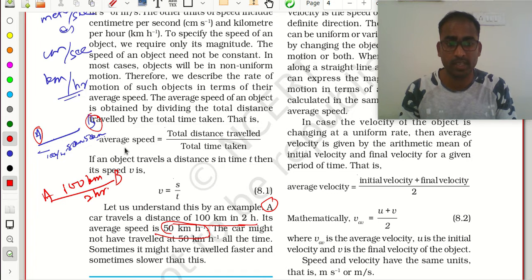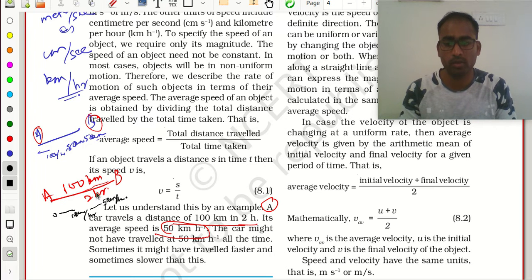But if I say average speed is 50 km per hour, is there any guarantee that from start to end it is at 50 km per hour? No. At the start it is at 0 km per hour, and after that it changes its speed. It may go up to 100 km per hour, and after some distance he may change his speed to 50 km per hour.